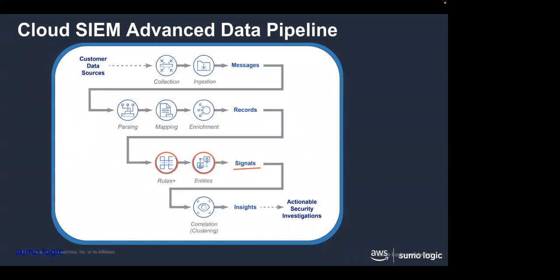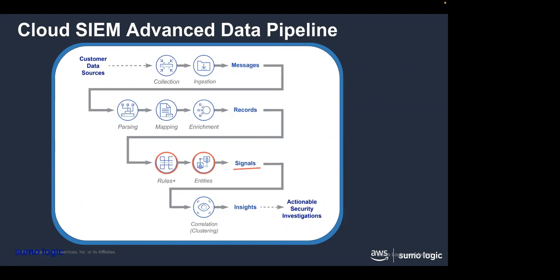These rules are written to detect problems, security violations, issues. You know, somebody trying to log in with a disabled account. That's an example of a rule. When I parse through a record, if that record matches that rule, I'm going to extract out the entity, who the user ID was or whatever, and generate a signal. So signals are known problems. Signals are things that we want to worry about.